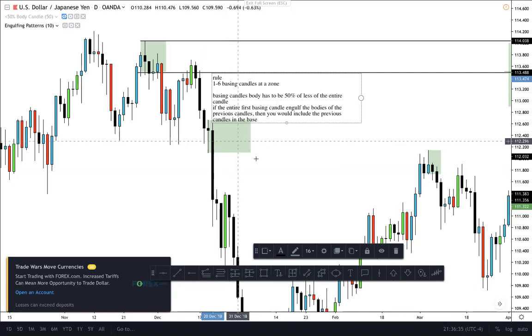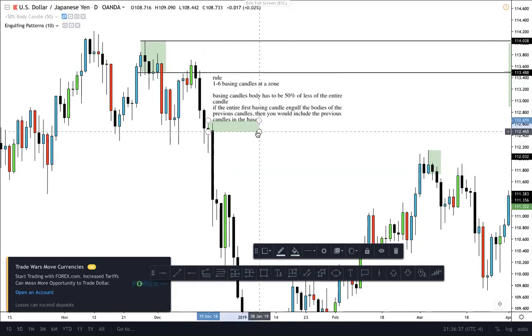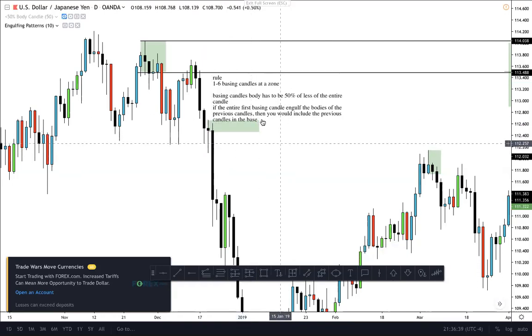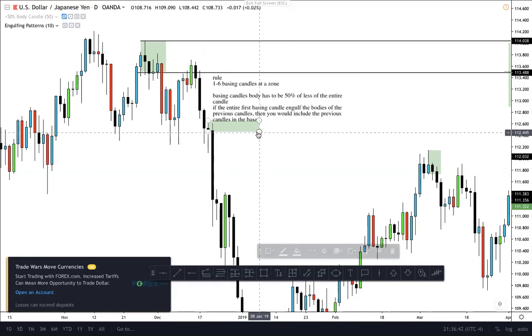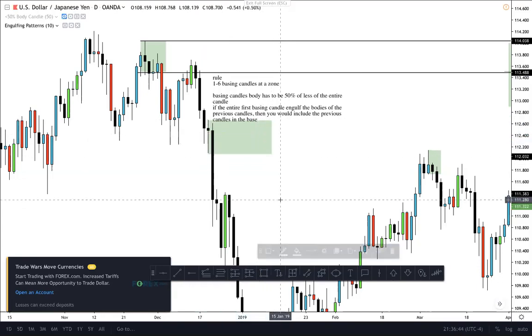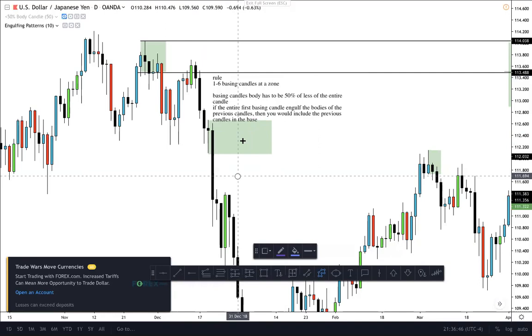The real base would be from the body to the highest wick, but it would be safe to take the entire candle, because a lot of the time the market might just come up and not actually reach the body of the candle and come down, right?